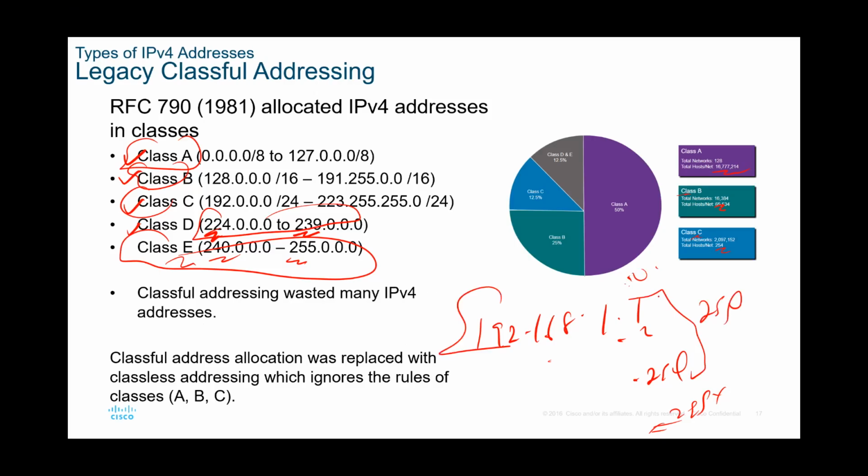That is why we use class C for small networks. Class C IP address is always used for small networks. A network of 50 computers, 100 computers, and so on and so forth. But once you begin to talk of a network of 2,000, 3,000, 5,000, 7,000, 10,000, 15,000, you can't use class C. You have to go for class B. Class B can give you 65,534 IP addresses in one family.